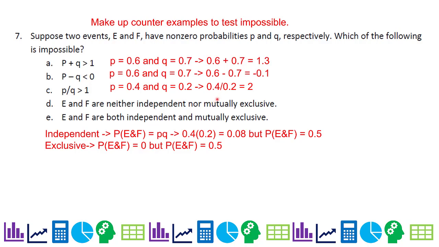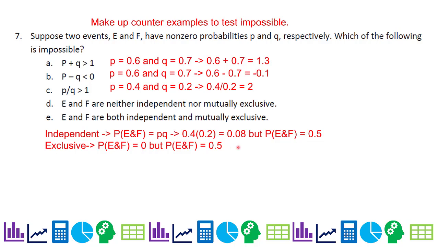And all I have to do to say not mutually exclusive is that the probability of E and F is not 0, all right? So it's exclusive if it equals 0. It's independent if the product, this right here, does give you the probability of E and F, all right? But here I show you, okay, here's the probability. I'm just making one up. There's no reason it can't be that.